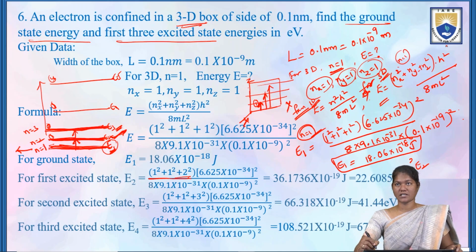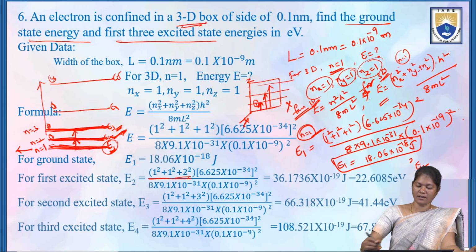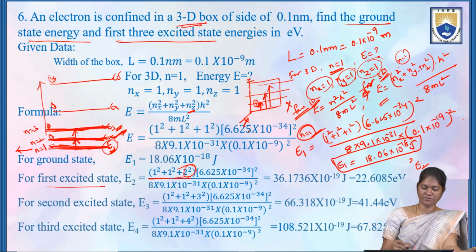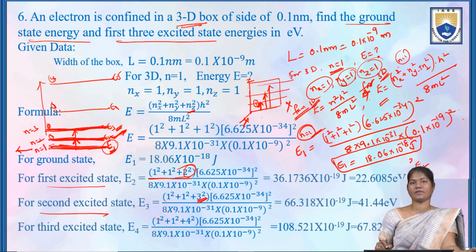If the particle is excited in the z direction, nz becomes 2 in the first excited state. For the second excited state, nz becomes 3.